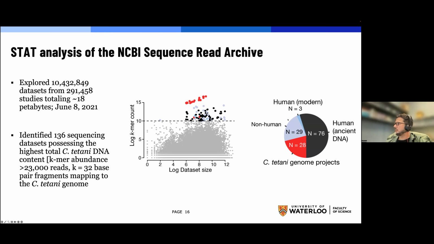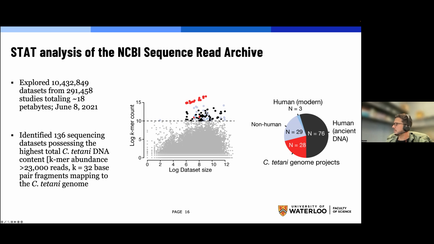29 of these are non-human samples. The rest are human samples. Only three of them, actually, are from human gut metagenome projects, but completely unexpectedly, 76 of these samples came from ancient DNA studies, and this was not something we expected to find at all.